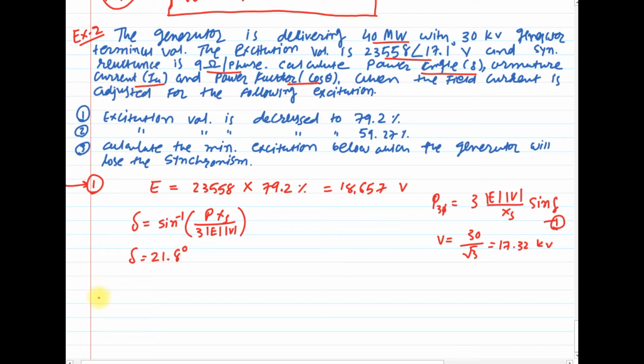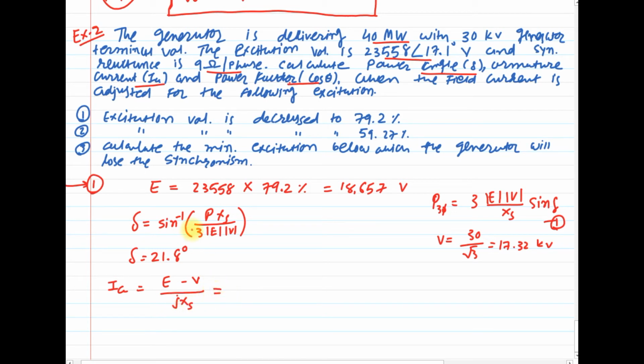And with this delta, we have to calculate the armature current. Again, we know the equation of armature current from the voltage equation. So we'll write directly Ia is equal to E minus V divided by j XS. Clear?